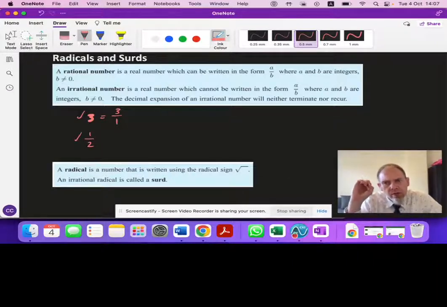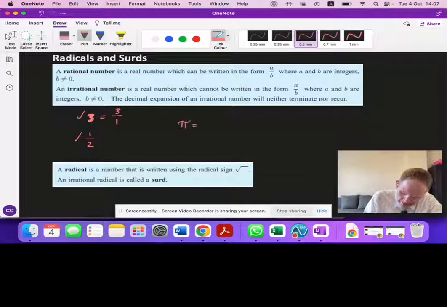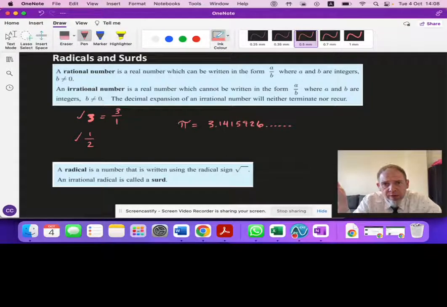Now, what an irrational number will do to us is we need to look at numbers that don't fit that form. The number pi is 3.141592 blah blah blah, and it goes on forever. What's special about the number pi is it is irrational.